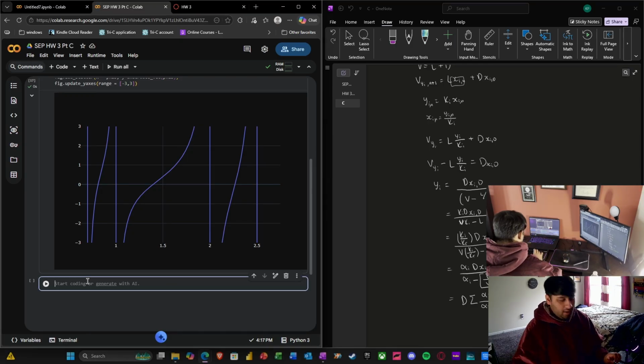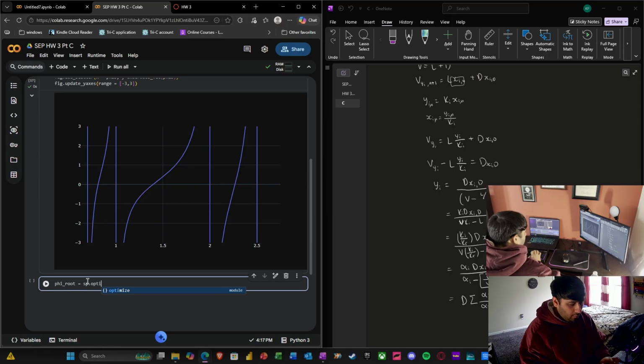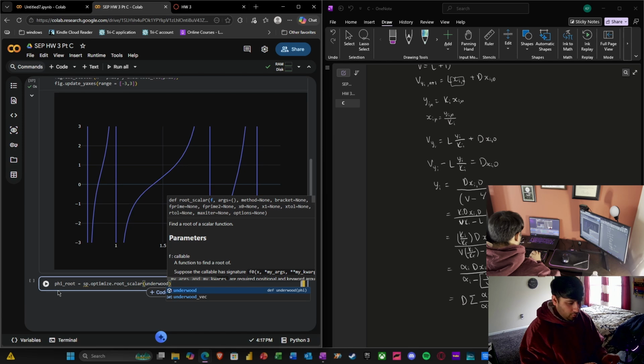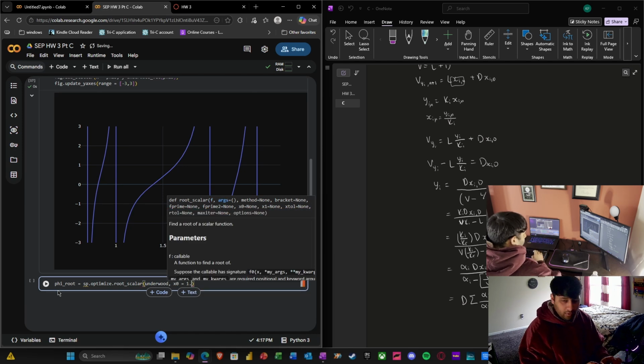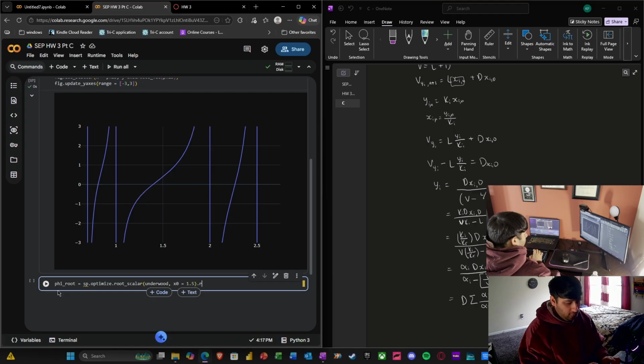So now, this is not the end, we still have a little bit to do. So we're going to take our phi underscore root, and we're just going to optimize this graph. So optimize dot root underscore scalar, again, our Underwood, and x naught equals 1.5 dot root.